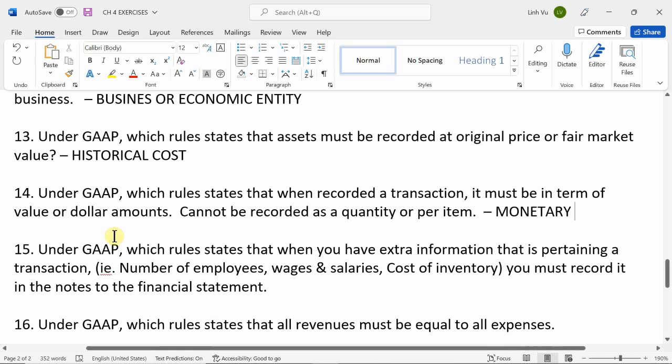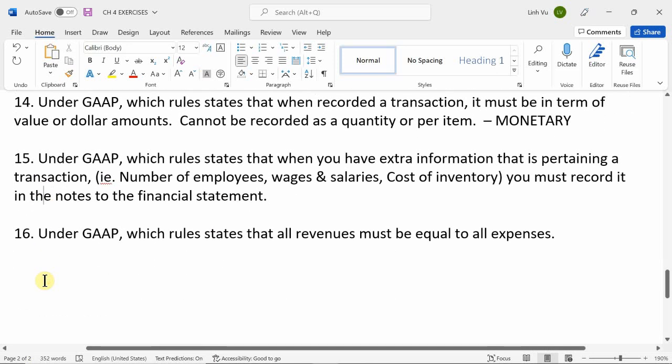Okay. Number 15. Under GAAP, which rule states that when you have extra information pertaining to a transaction, for example number of employees, wages and salaries, cost of inventory, you must record it in the notes to the financial statements?